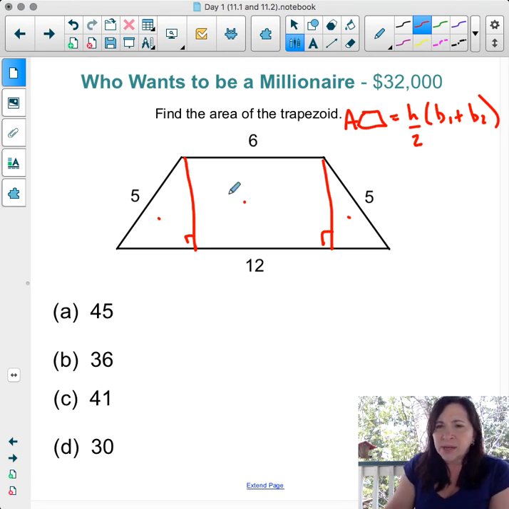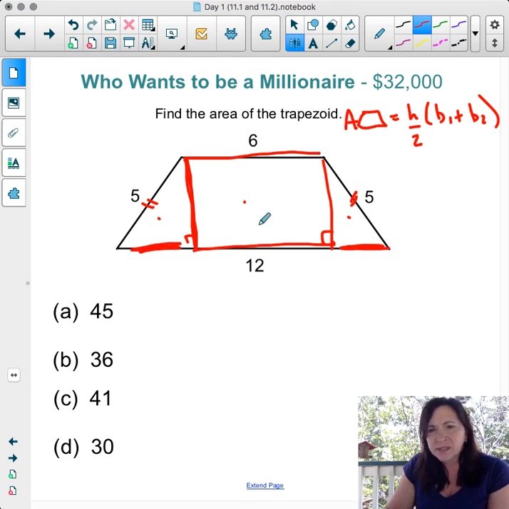But I still am going to need to find my height, and in order to find my height, I know that this is 6. And if that's 6 here, because it's an isosceles trapezoid, this length here is going to equal this length here. So if this is 6 here, then these are both 3.